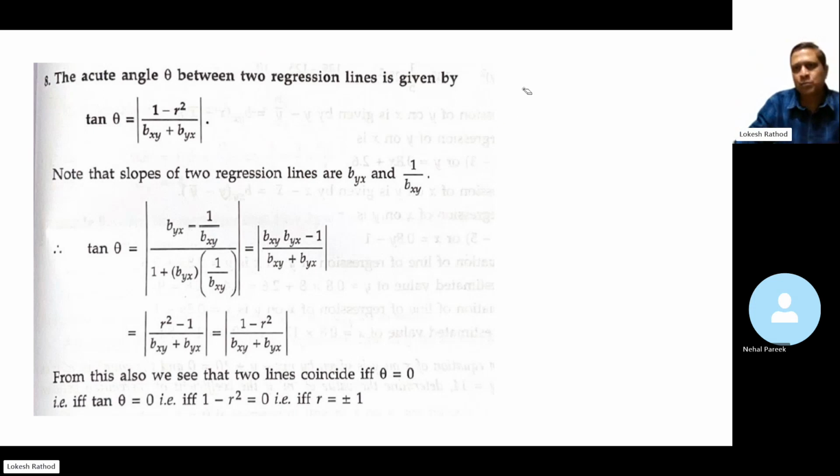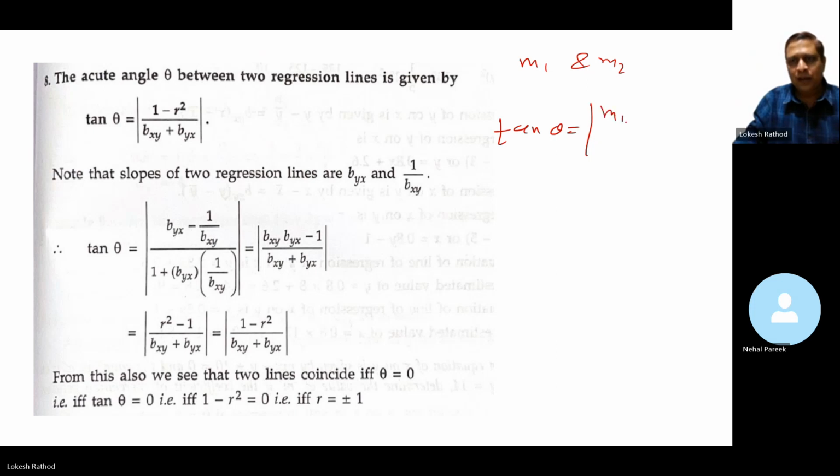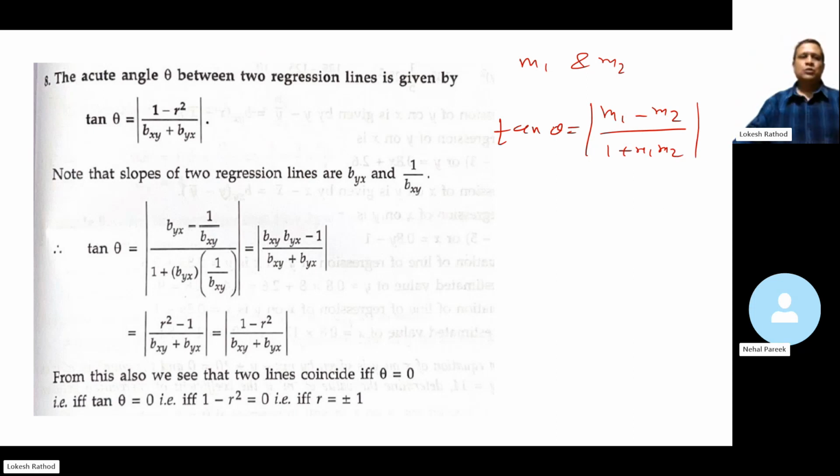We had a formula for finding the angle between two lines where the slopes were m1 and m2. The formula was tan theta equals mod of m1 minus m2 over 1 plus m1 m2. Yes. So the same thing. Instead of m1, you write bxy; instead of m2, you write byx. You can interchange them because it's a modulus, you get the same thing.